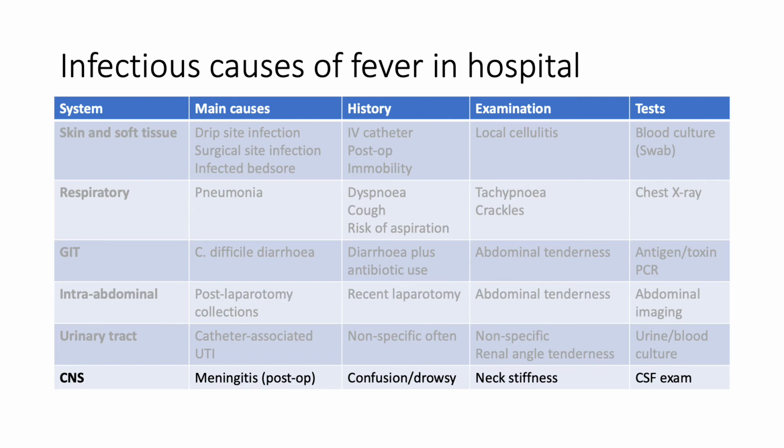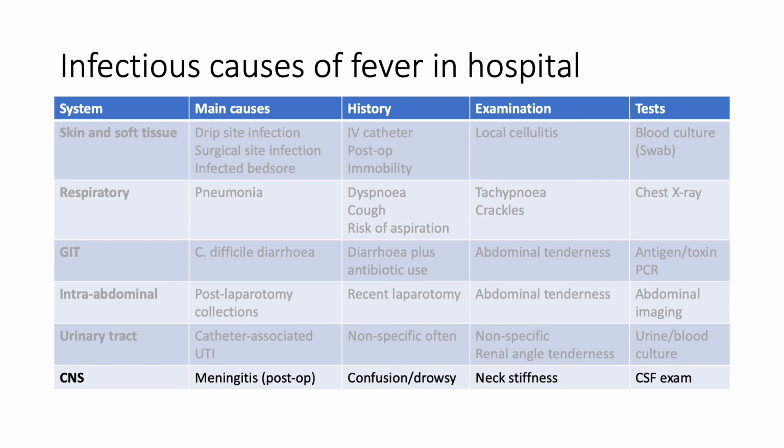So the last two systems I'm going to go through quite quickly because they are not common, especially in general medical wards, but there can be CNS infections in hospitalized patients that can cause fever, and of course the most important is post-neurosurgical local CNS complications, either meningitis or brain abscess or shunt infections. And on history, really the things to ask about are recent neurosurgical interventions.